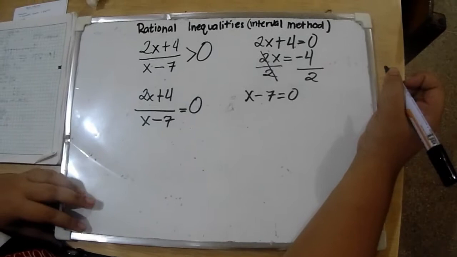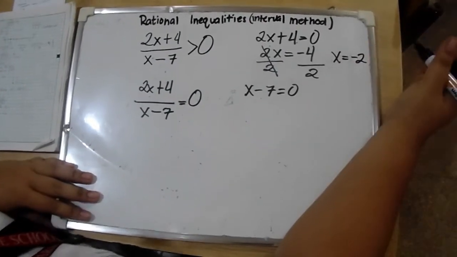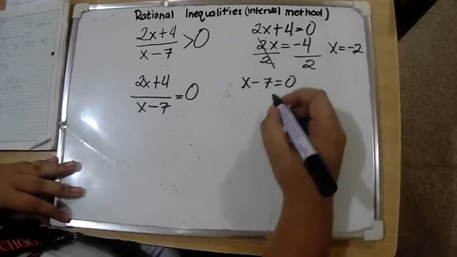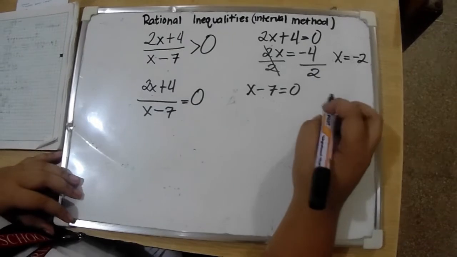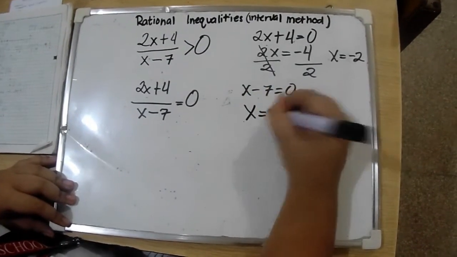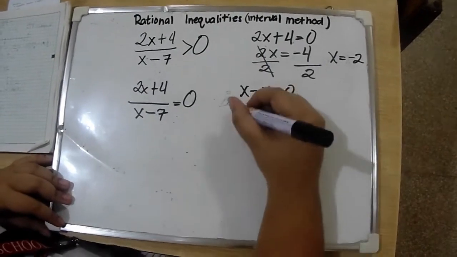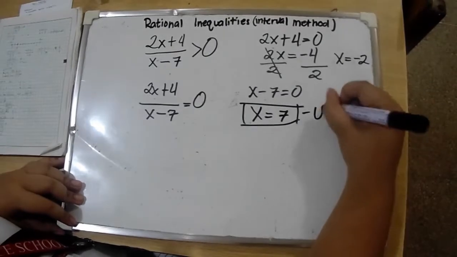So the answer will be x equal to negative 2. For the denominator, we are just going to transpose the negative 7, so it will be positive. So x equal to 7, because this value is already undefined.